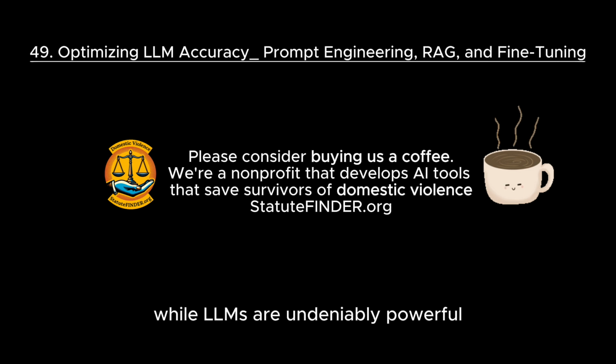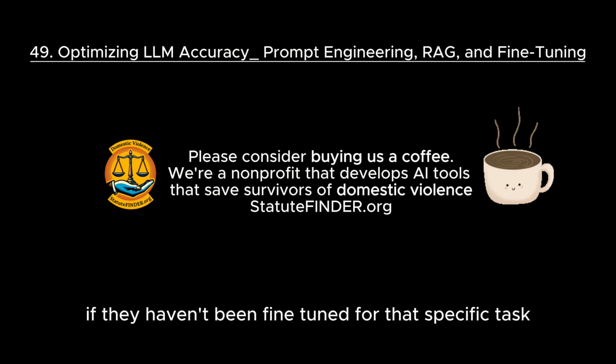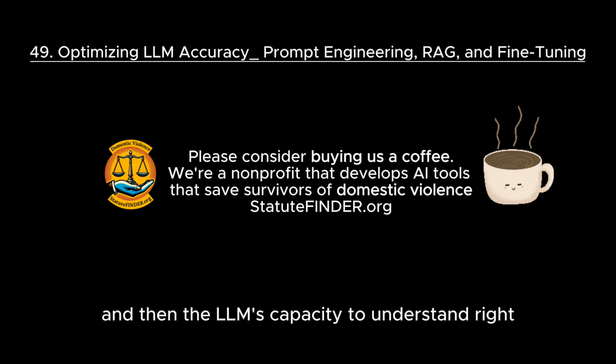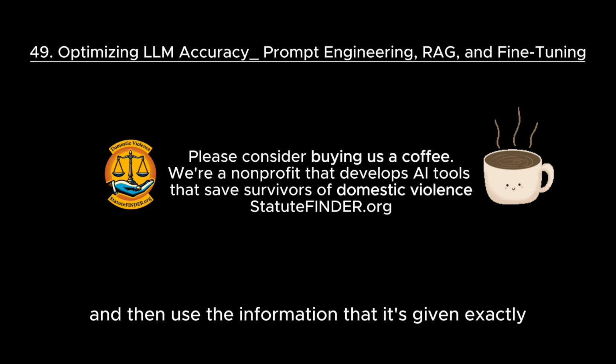While LLMs are undeniably powerful, they are not infallible. They can make mistakes, particularly if they haven't been fine-tuned for that specific task. That makes sense. So with RAG, we really need to be mindful of both the retrieval process and the LLM's capacity to understand and then use the information it's given.